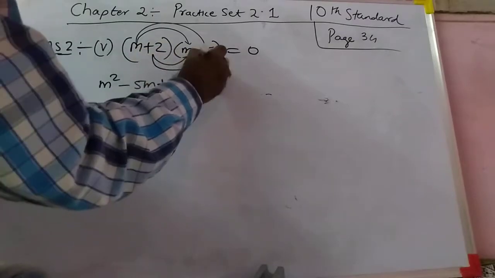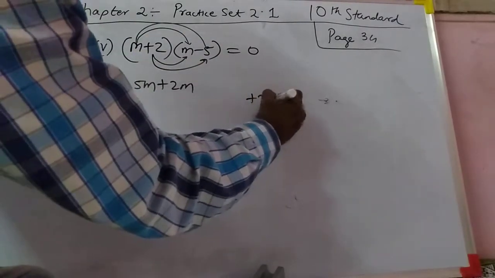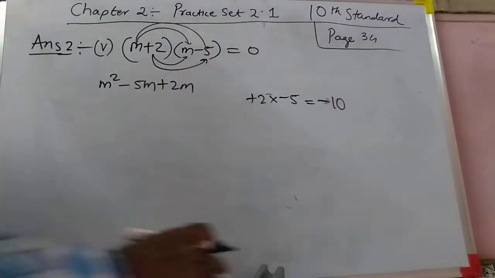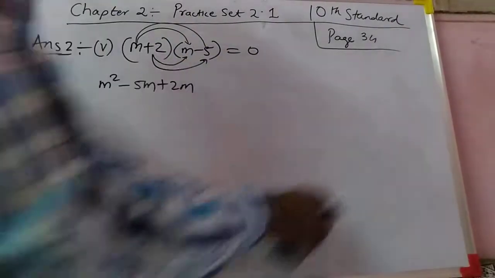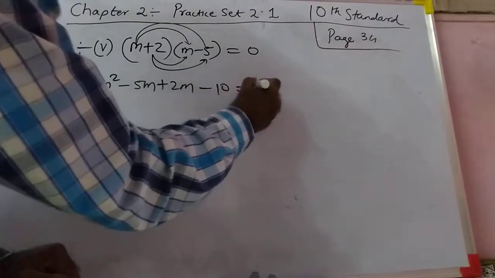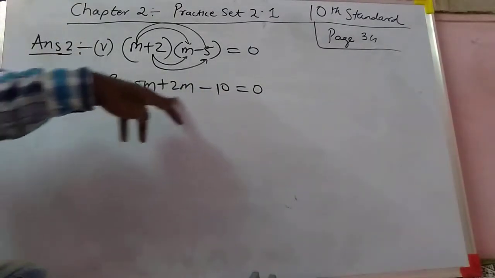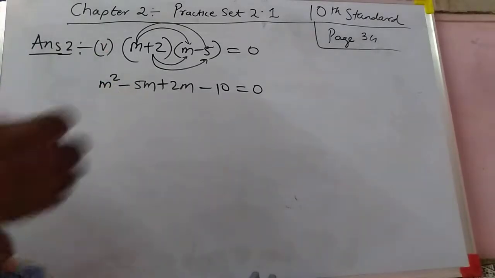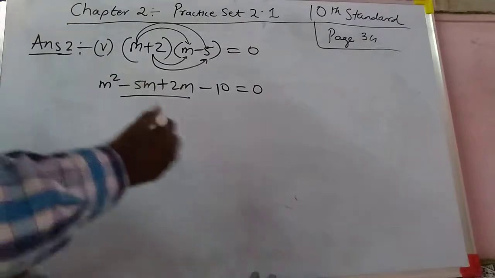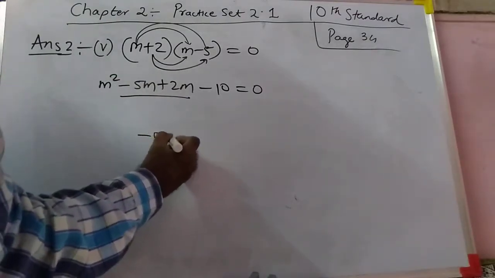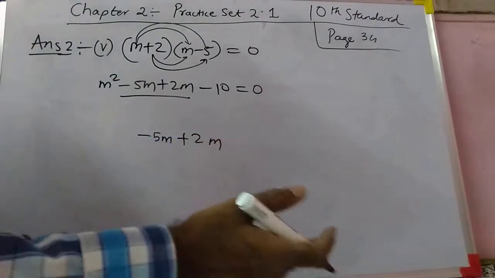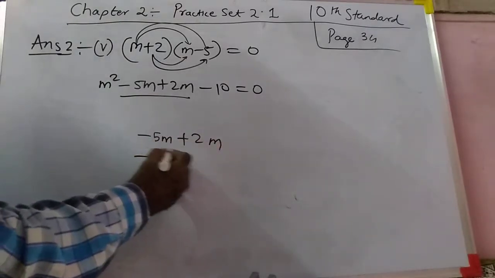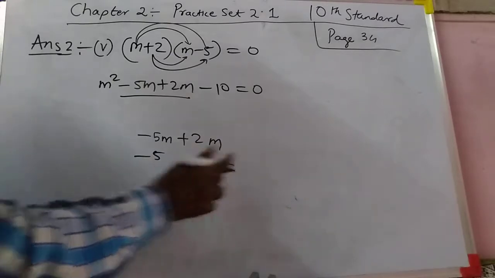Then this into this means plus 2 into minus 5, that is minus 10, plus minus minus. That will become minus 10 is equal to 0. Now we can subtract this. अगर subtract कर सकते तो subtract करेंगे, नहीं तो नहीं करेंगे, but यहाँ पे कर सकते हैं. So you can do like this, minus 5m plus 2m. Because the variable is same, we can drop this, minus 5 plus 2, that will become minus 3.